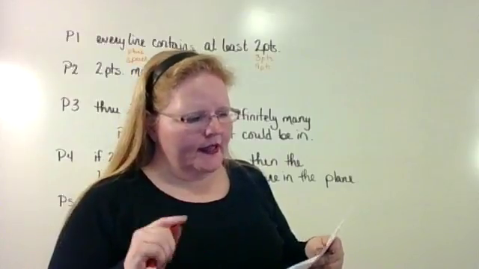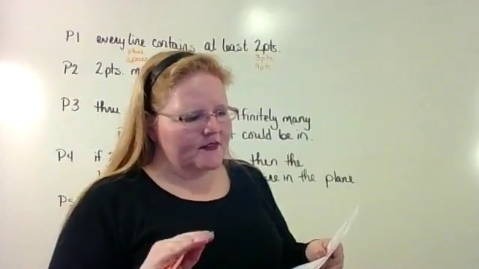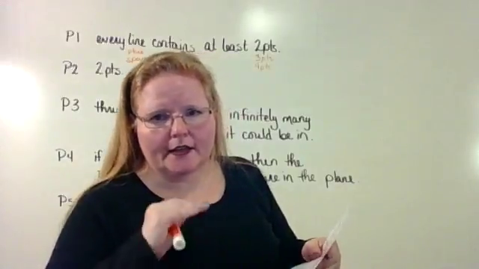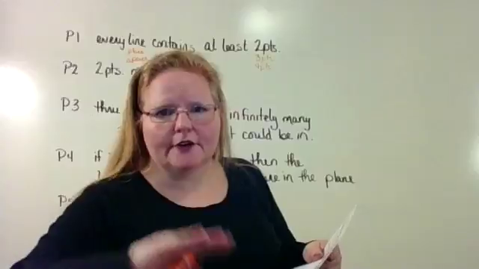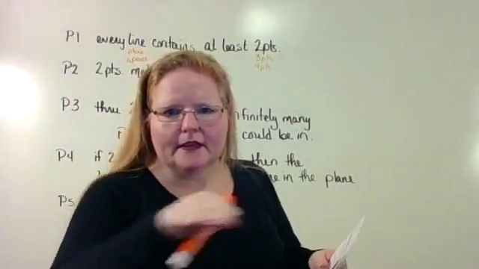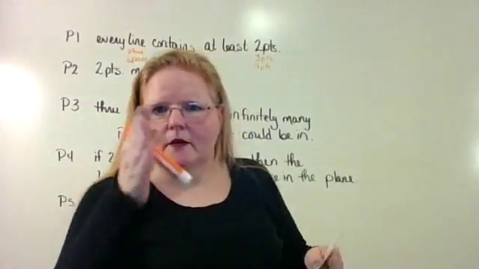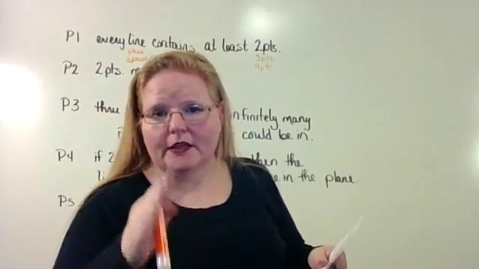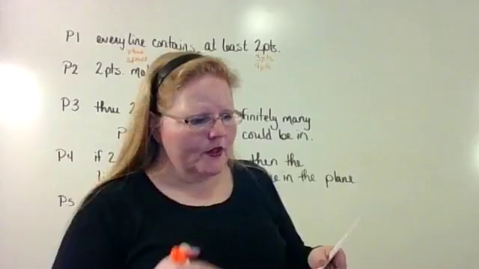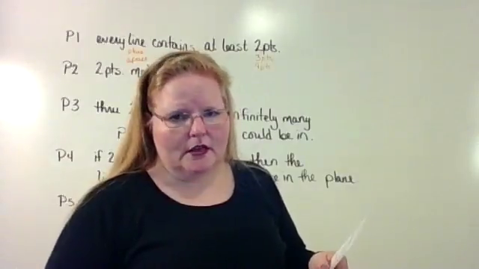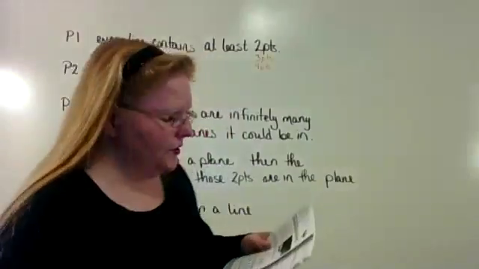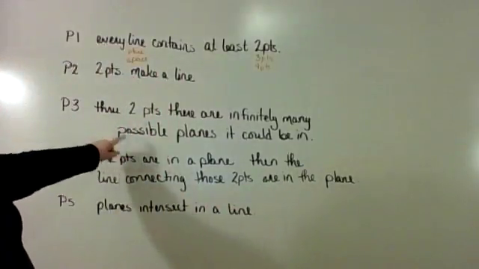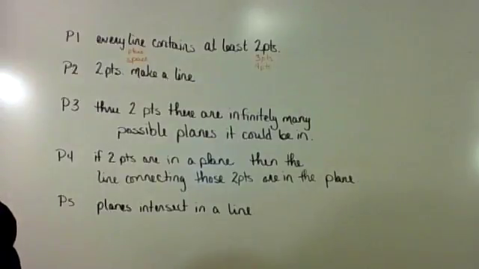So between C and A is a line, but it's held in plane X, in plane Y, and in plane Z, and any other kind of way that it decides to go in there. There's a plane. Infinitely many planes. It can go in any different direction that it wants to, and it can still go through C and A. That's the part that you need to worry about. So, through any 2 points, there are infinitely many possible planes that it could be in.